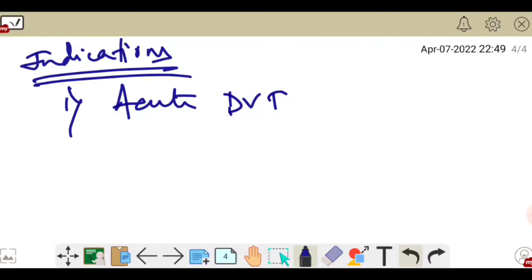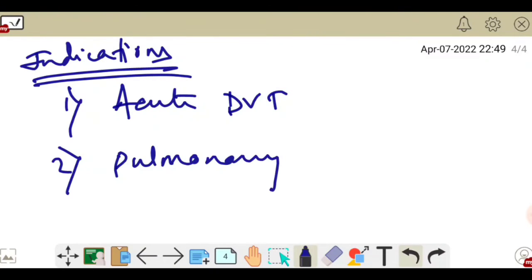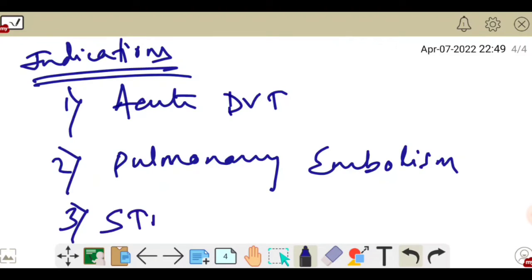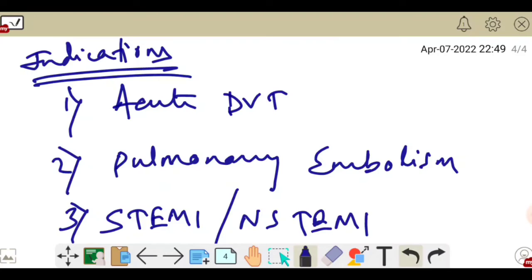Number 2 is pulmonary embolism, and number 3 is STEMI or NSTEMI, that is ST elevated myocardial infarction and non-ST elevated myocardial infarction. So these are 3 main indications in which we can administer the heparin.